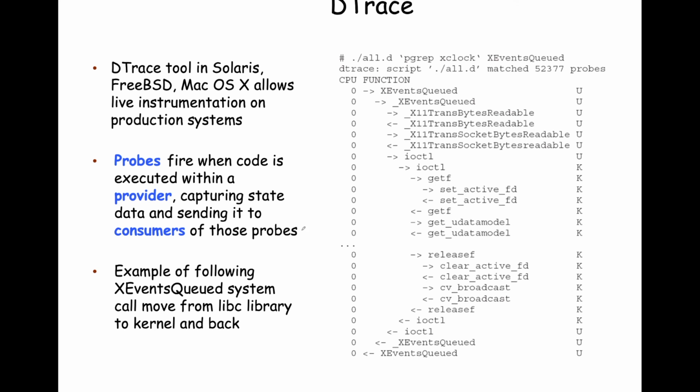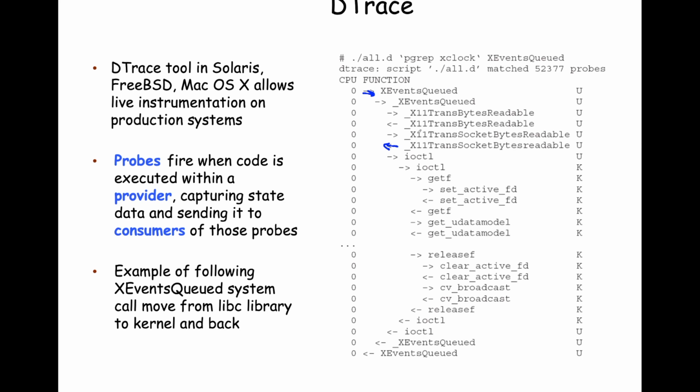And so here, where we have a right-hand arrow, that represents a call into something, and where we have an arrow pointing to the left, that's a return from some function. And so here, it lists all of the functions called starting with X events queued. That's for X Windows. And so it calls underscore X events queued.